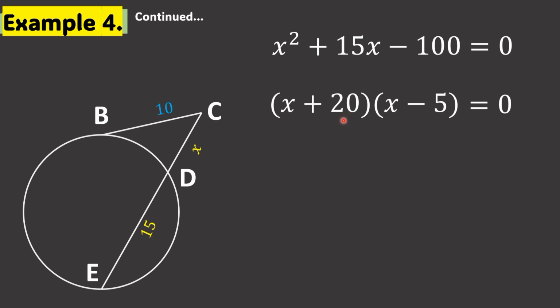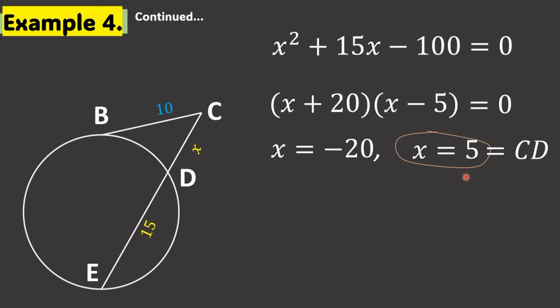So that is 20 and 5. One of them is negative. By the zero product property, X is negative 20 and X is 5. Therefore, the acceptable length is x is equal to 5, and this is the length of CD.